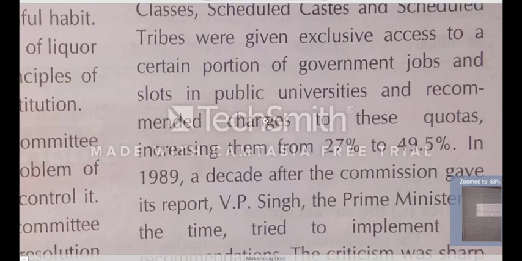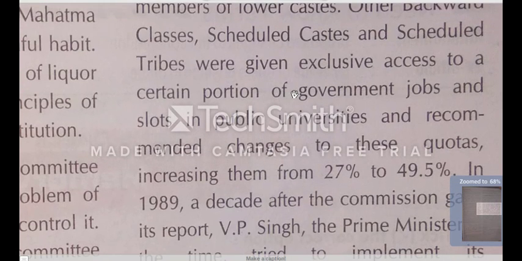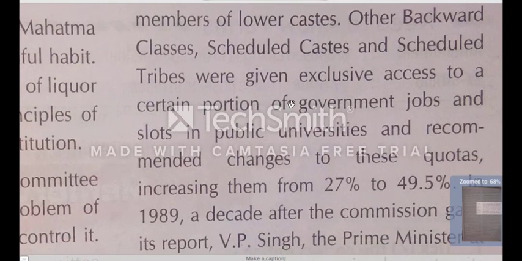Means these classes, OBC, SC, ST, got some exclusive access. What is the meaning of exclusive?